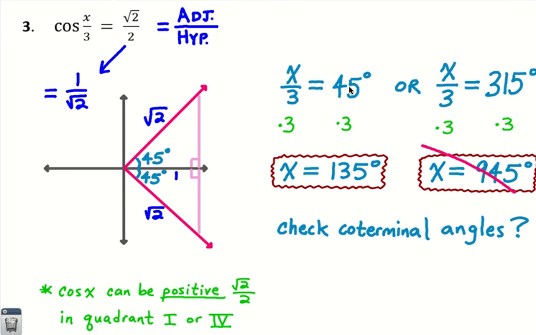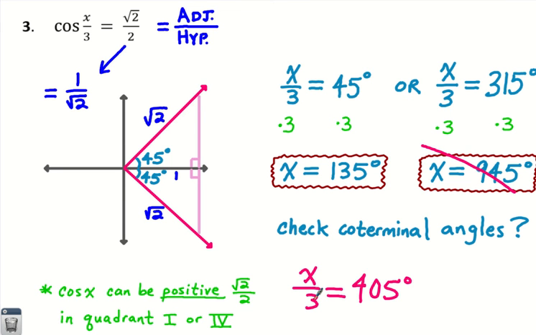If we added 360 to 45, like if we went all the way around the circle again, that would be 405 degrees. So you could say, theoretically, that x over 3 could also equal 405 degrees, because that's the same as 45.